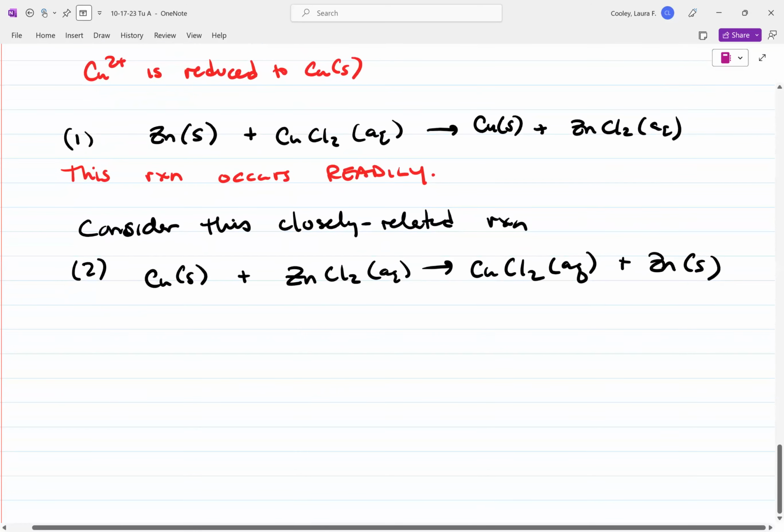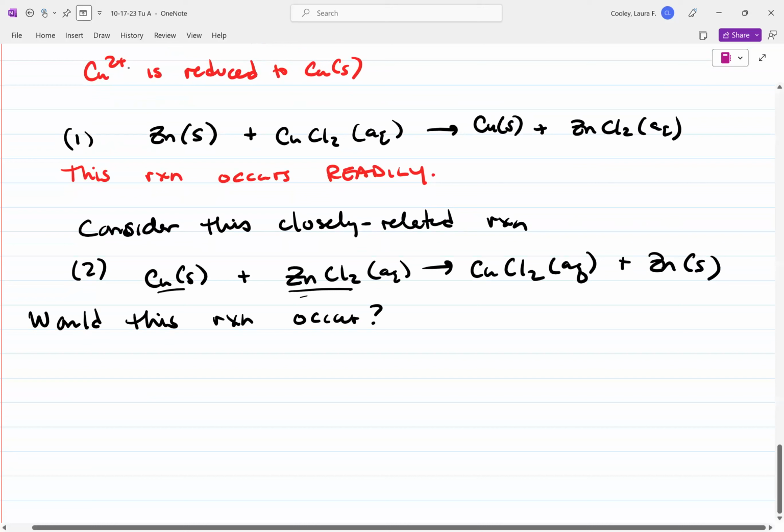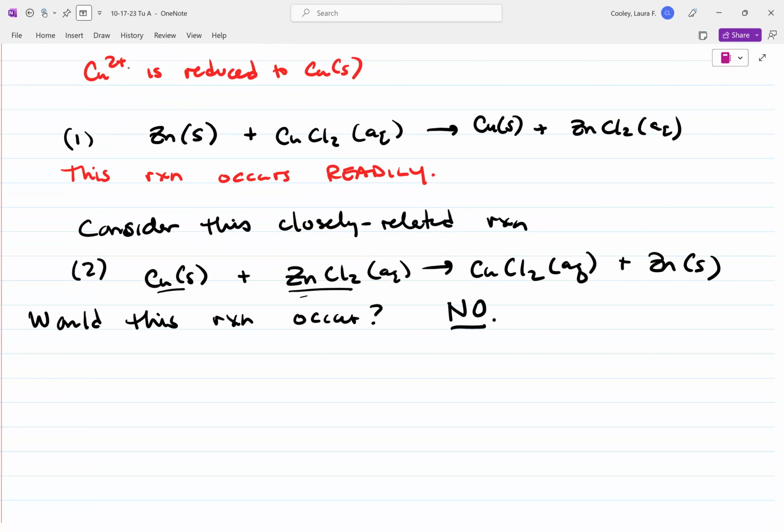So would this reaction occur if I have a solution of zinc chloride and I plunk a penny into it, or a piece of shiny copper? Maybe a penny is too oxidized to react very well, but a nice shiny copper, plunk it in. You would notice that this reaction does not happen.